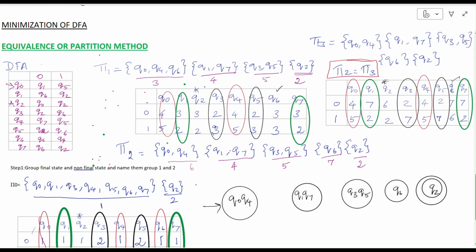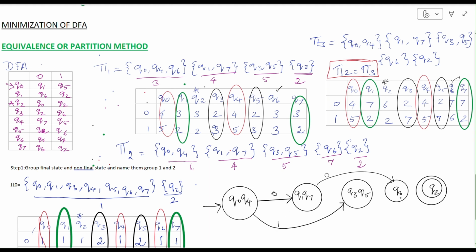So Q0 on receiving 0 is moving to 4 and 5. What is group 4? It is Q1, Q7. And what is 5? It is Q3, Q5. And Q1, Q7 on receiving 0 goes to 7 and 2. 7 is group 7, that is Q6.